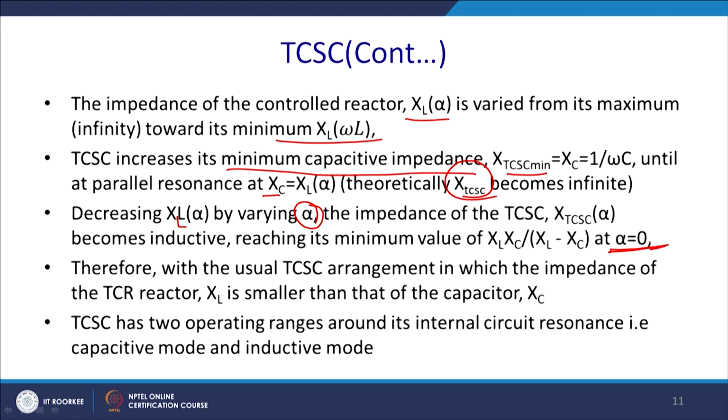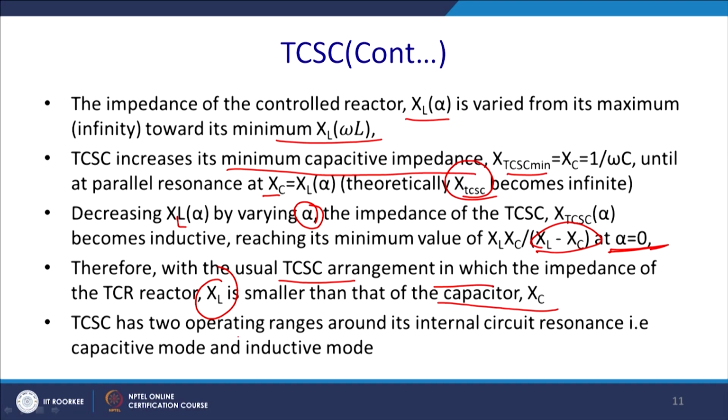Therefore, with the usual TCSC arrangement in which the impedance of the TCR, that is XL, is smaller than the capacitor XC, otherwise this condition may prevail and you will offer actually infinite impedance, and thus no current will flow through the transmission network.